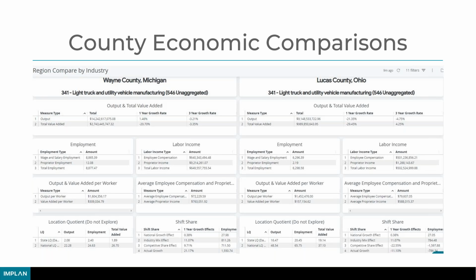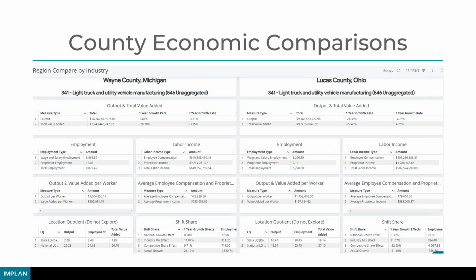What does that 3-year growth rate look like? What does labor income look like in comparison one to the other? What are those employment values? How do those line up? What does output per worker look like? What does value added per worker look like? And then on the bottom, we also have location quotients for that and shift share options as well.